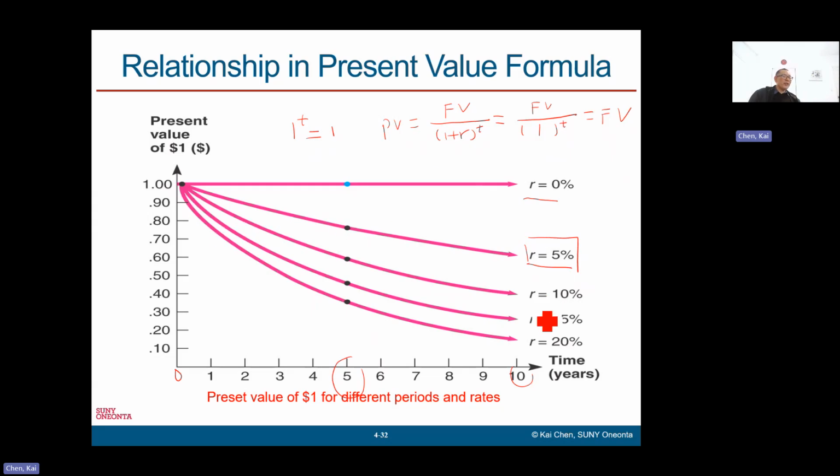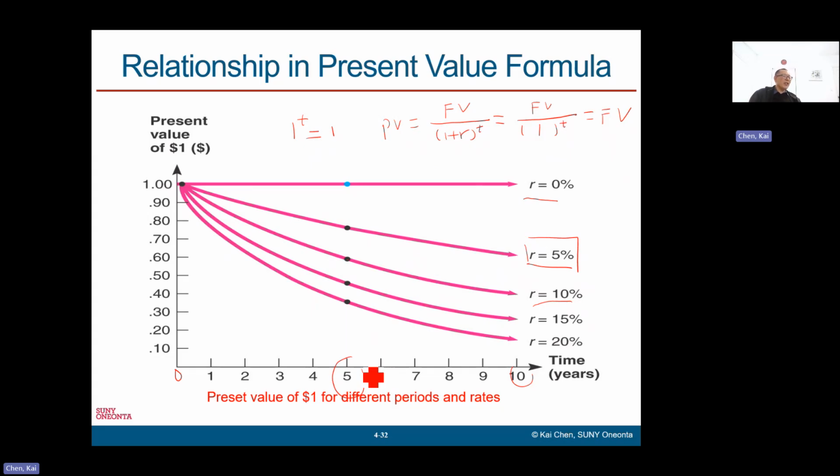If the interest rate is 10%, of course, we can find this point, right? The height of this point represents the present value of $1 you expect to receive 5 years from now. I think that is 66 cents or so.